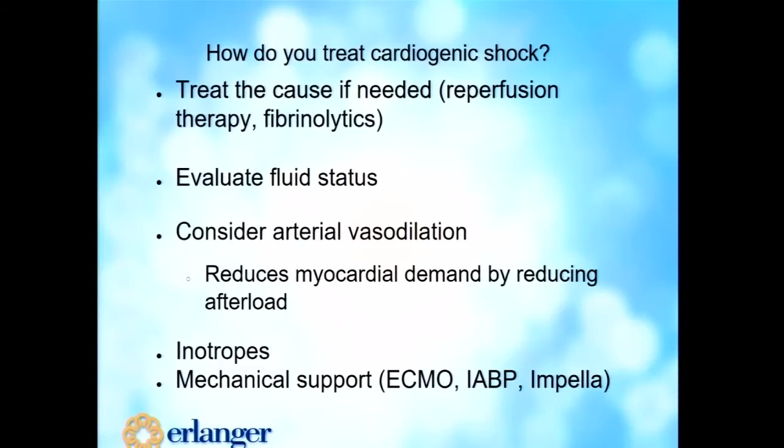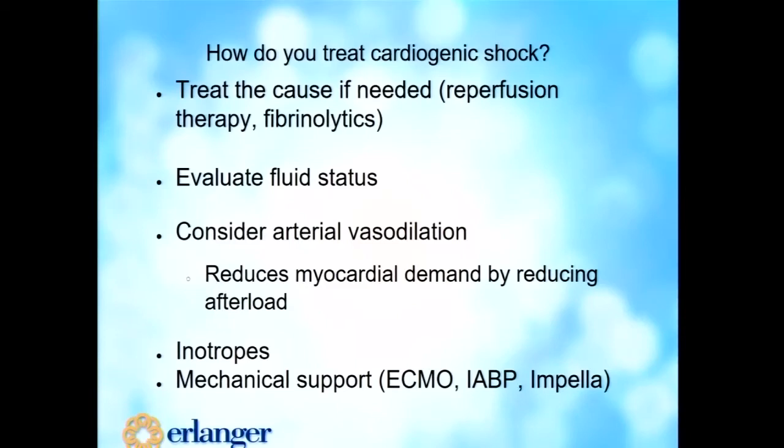Other things you want to do: evaluate fluid status. This can be a lot more nuanced than just your typical 30 mils per kilo. This is more of an evaluation of how much fluid they need. Are they fluid overloaded if they have heart failure?